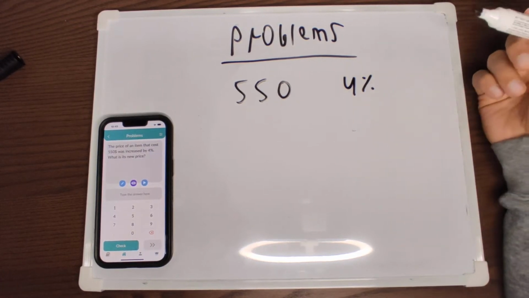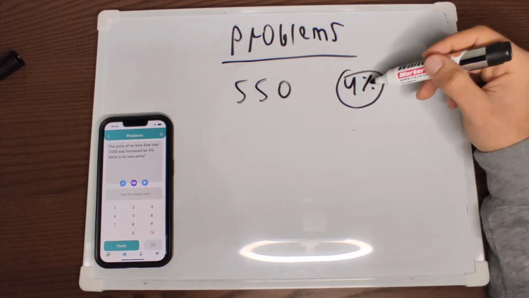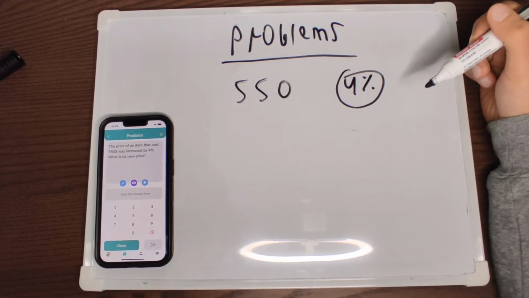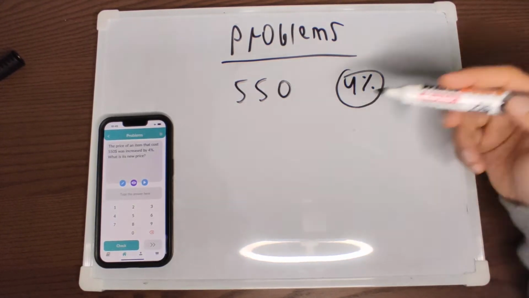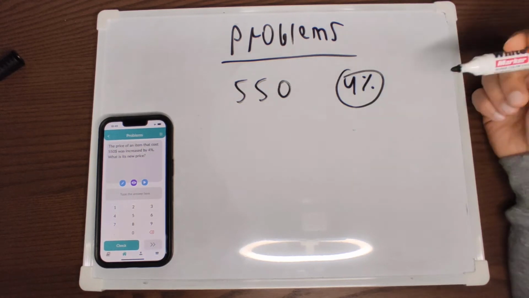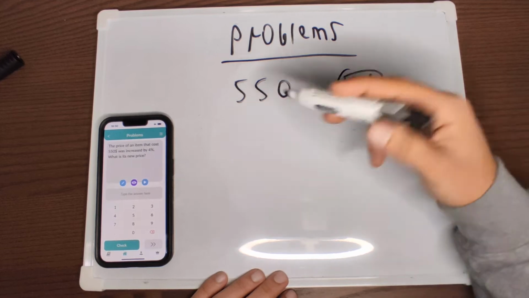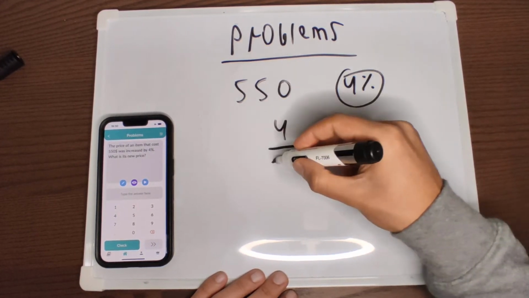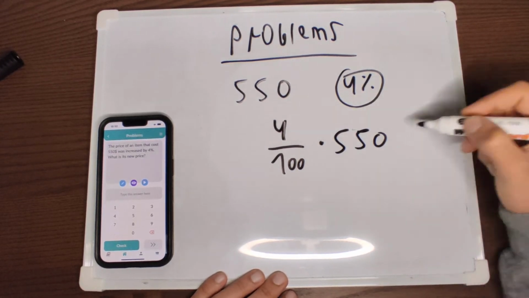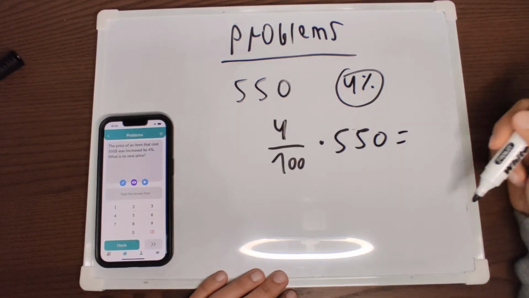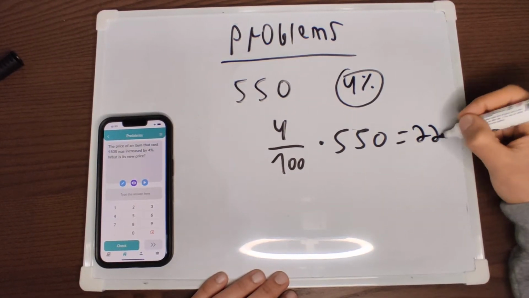Okay, so we need to calculate how many dollars are 4% out of 550, and then we need to add it to the 550 because the price was increased. So 4% out of 550 is actually 4 divided by 100 multiplied by 550. We can calculate it on the calculator, it doesn't matter, but it results in 22.